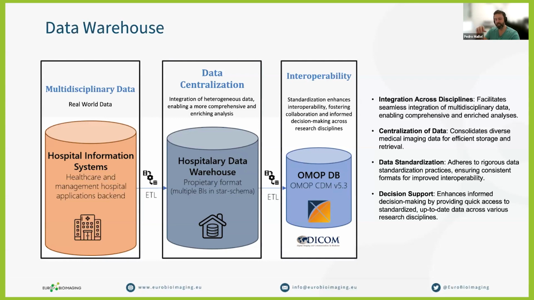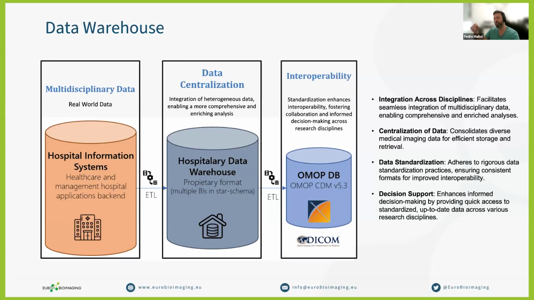ETL stands for extract, transform, and load. Maybe you already know this process, but we perform it just to centralize the data. We take all this data and centralize it in the same place, the research data warehouse. Within this place, we have the data in a pseudonymized way, or fully anonymized, depending on the method of the project.